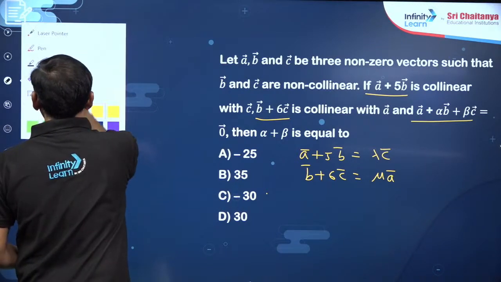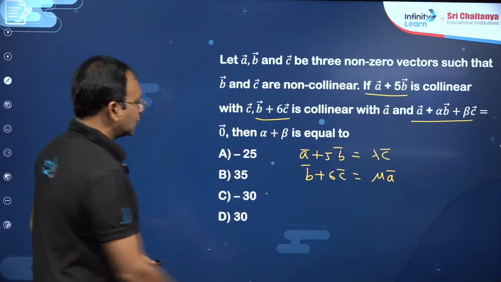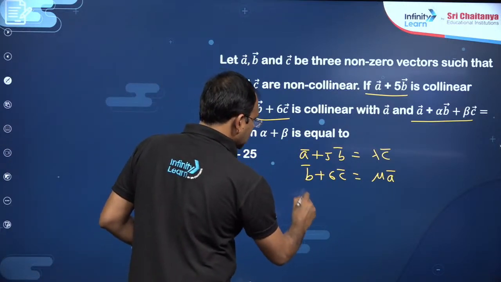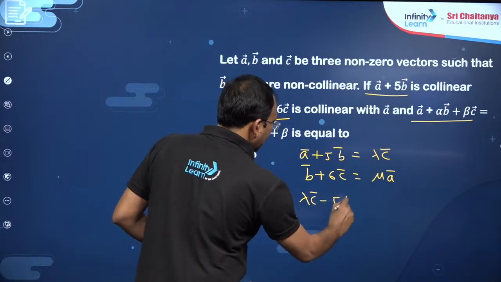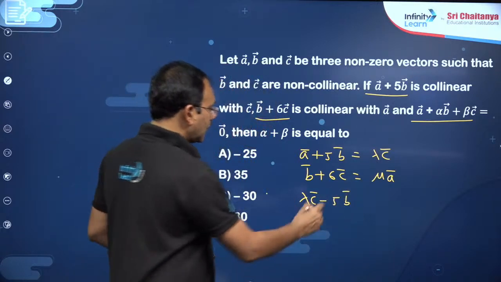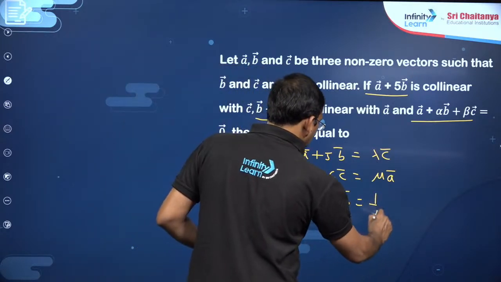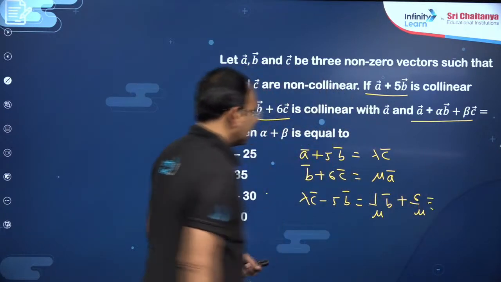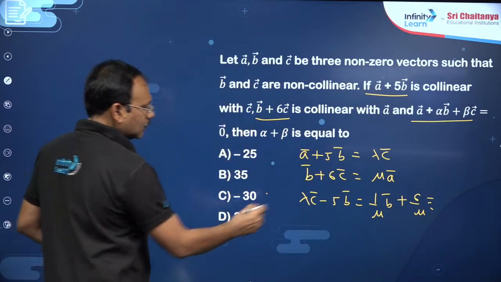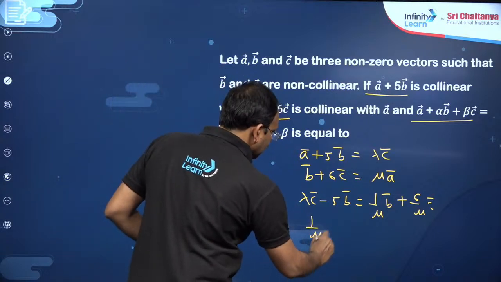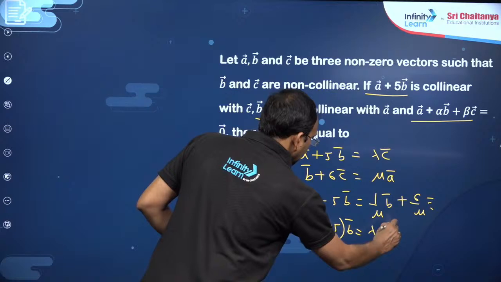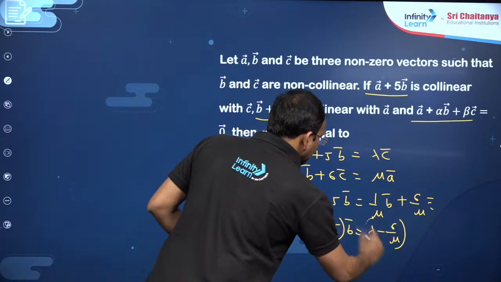So A bar you can eliminate, you can write here A bar is lambda C bar minus 5 B bar, right? Here A bar is 1 by mu B bar plus 6 by mu C bar, right? So B bar you can write, you see, 1 by mu plus 5 into B bar is equal to lambda minus 6 by mu into C bar.